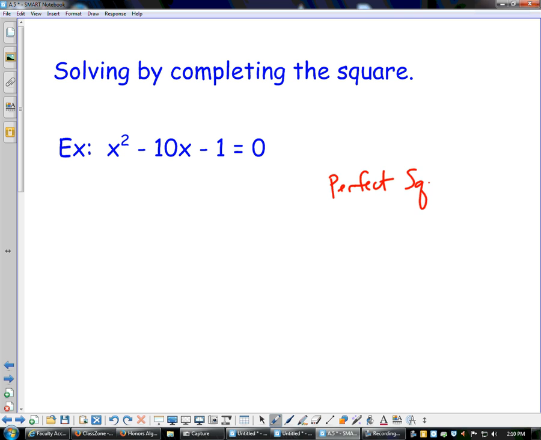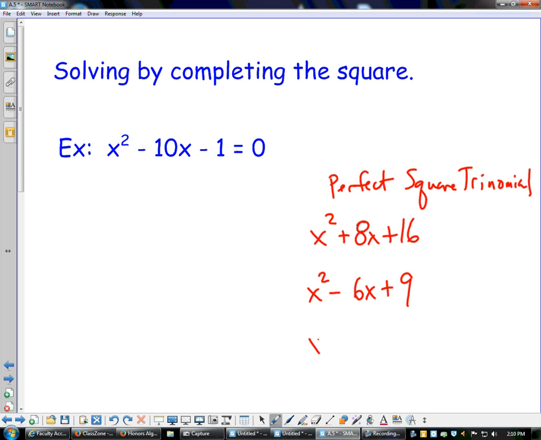A perfect square trinomial would be something like x squared plus 8x plus 16, or x squared minus 6x plus 9, or x squared plus 12x plus 36.